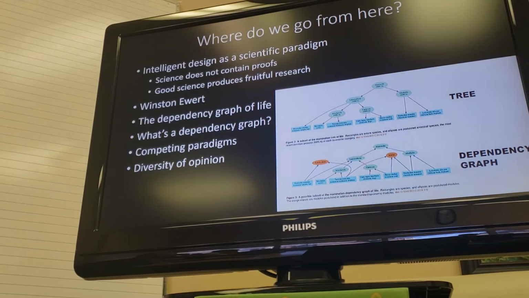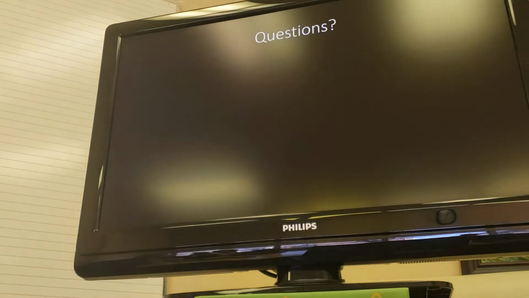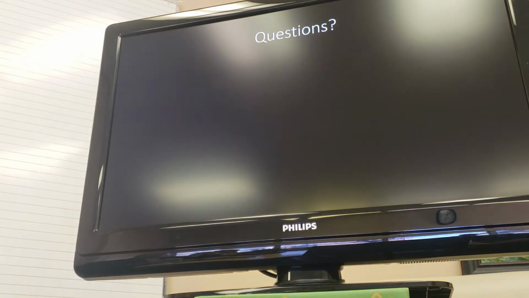And so this new model of dependency graph is really interesting, I think, because it relates organisms on the basis of function. And part of that functioning within a fairly certain amount of oxygen, hydrogen, within kind of the atmosphere.